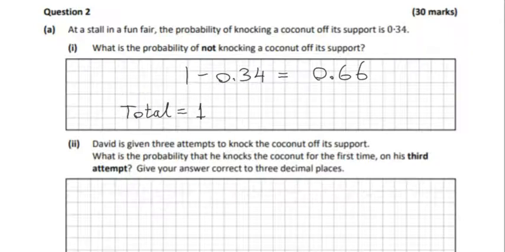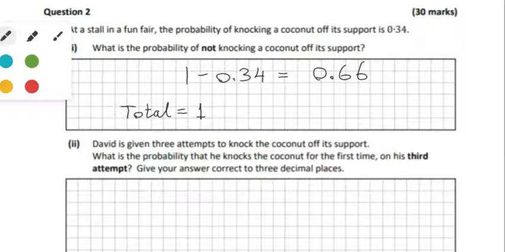Part 2, David is given 3 attempts to knock the coconut off its support. The sequence is that he knocks off the coconut for the first time on the 3rd attempt. So let's write out that sequence. So the first step will be to write out the sequence.